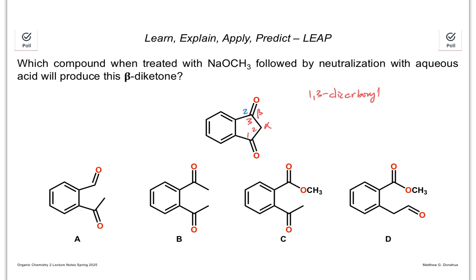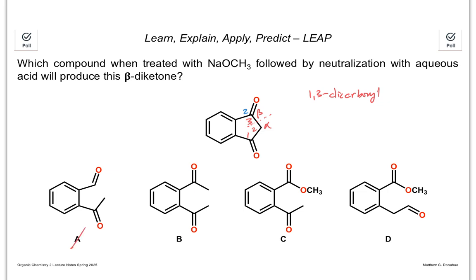So it's at 2. We're making an alpha beta bond, right? So if it's at 2, it has to start at what? 3.